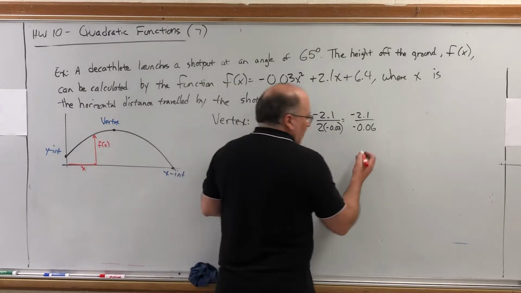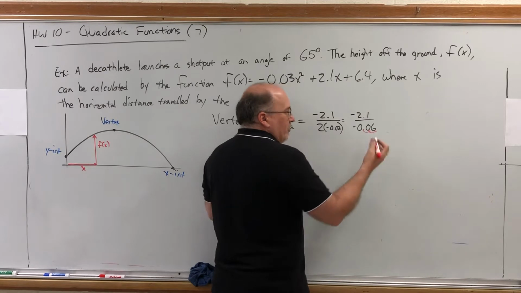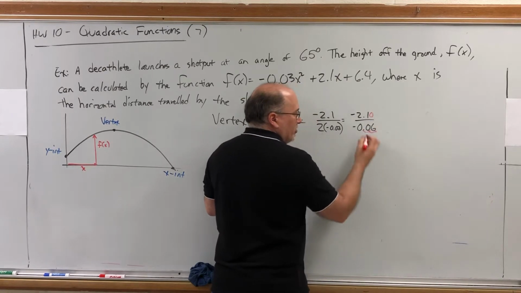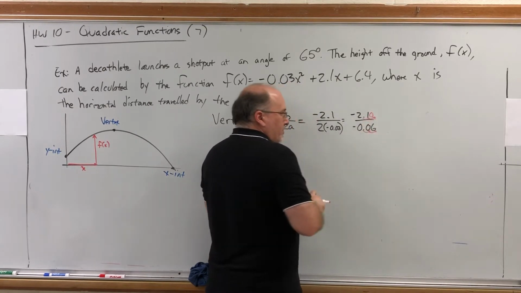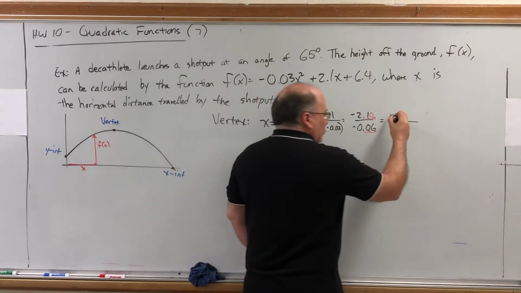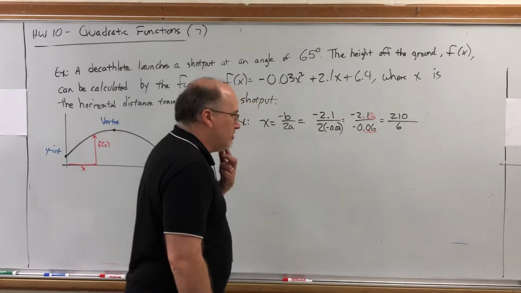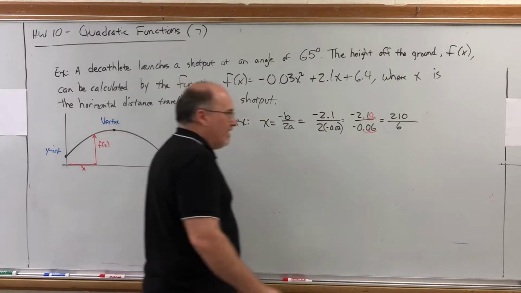So for example, I'm going to move both decimals to the right 2. Now I know there's only one decimal place on top, so I'll insert a 0. Negative divided by negative is positive, so those are gone. The top is 210 now, and the bottom is 6. And I'm pretty sure that 210 divided by 6 is 35.